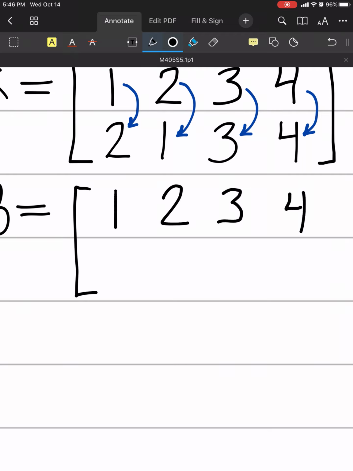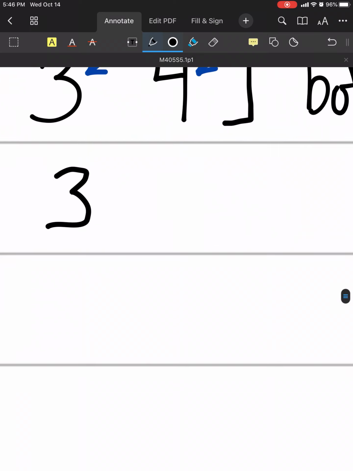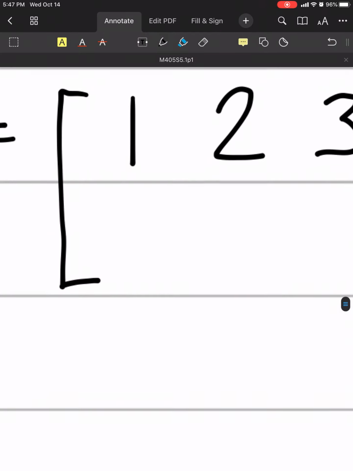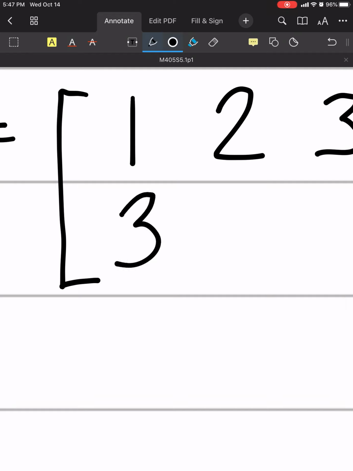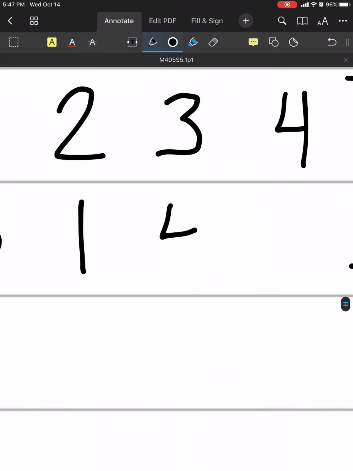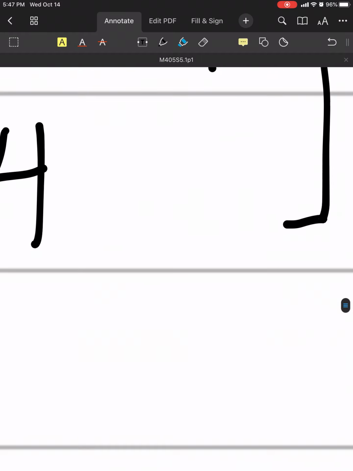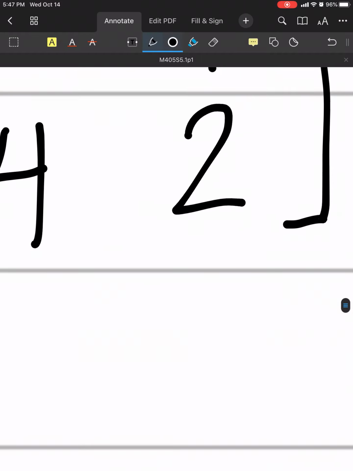On the bottom, this time, 1 goes to 3, 2 goes to 1, 3 goes to 4, and at this point, pause it for a second. What do I have to make 4 go to? Well, I have to make 4 go to 2. Otherwise, it's not one-to-one and onto.